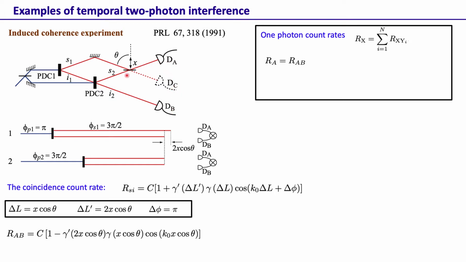If the signal comes here, the corresponding idler has to go there. Or if you look at this down conversion, the signal comes here, the corresponding idler can only go here. So if we detect a photon here, its corresponding entangled photon can only go to the detector DB. So in this case, RA is just equal to RAB.